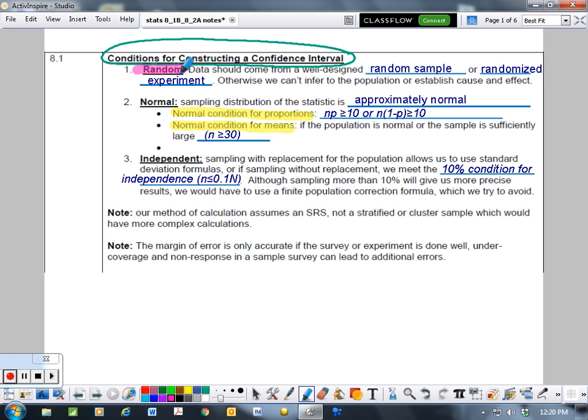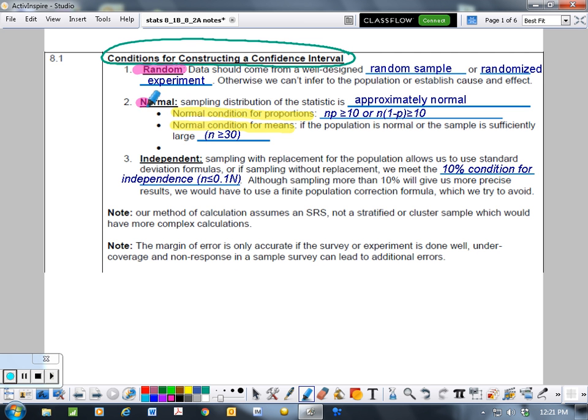So remember, with our experiment, we're looking for cause and effect, and with randomly selecting from a population, we are taking our results and explaining them to the entire population. So we have to make sure we do this, or else what we're doing is just silly, because it's not going to tell us anything about what's true.